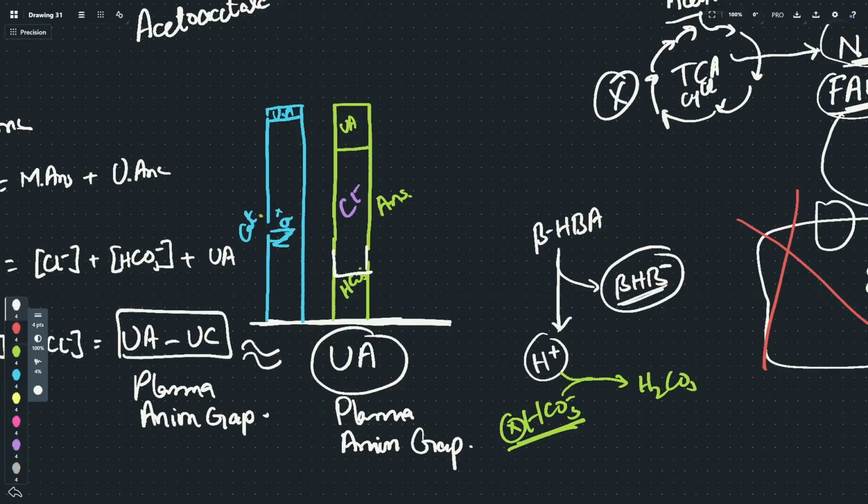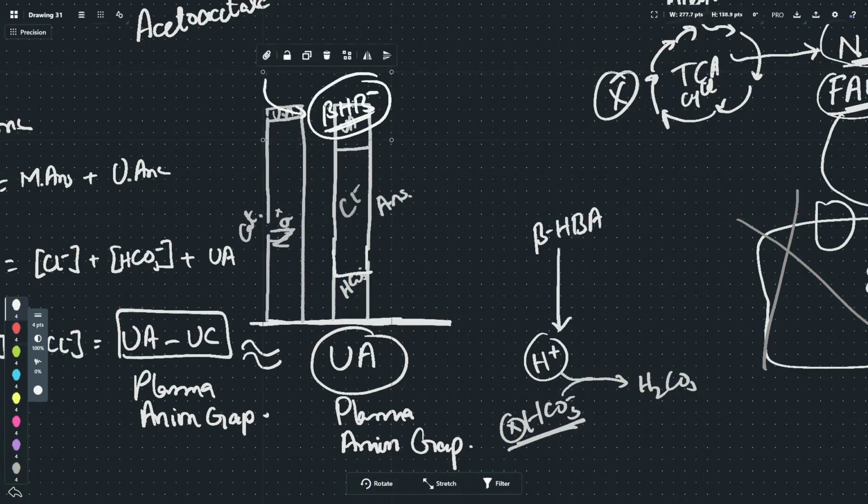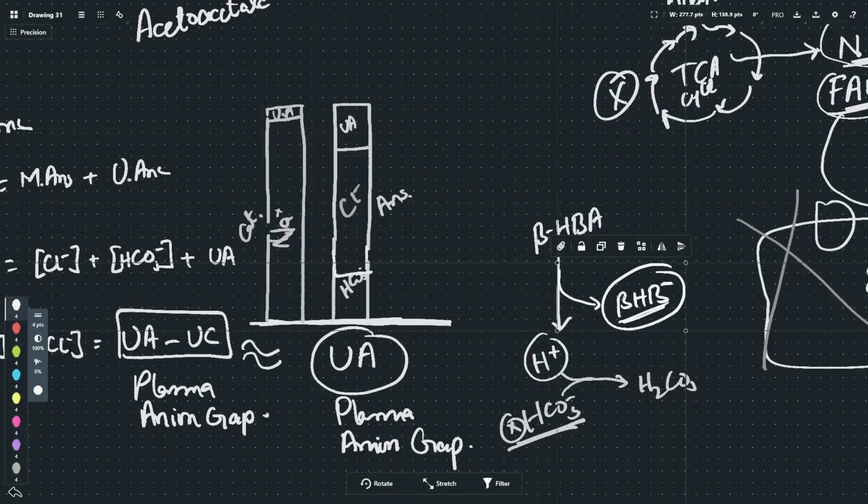But along with that, it has also released beta hydroxybutyrate, the conjugate base. Do we measure beta hydroxybutyrate, not butyric acid, which is an anion? No, we don't. So it means it is an unmeasured anion. So where will it go? It will go here, and it will increase the unmeasured anion level.